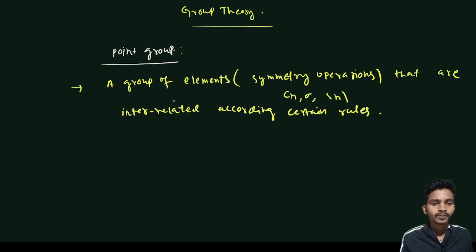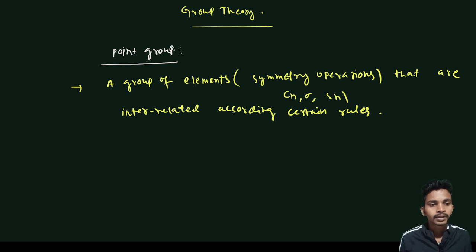So if a group of symmetry operations are interrelated by certain rules and follow those rules, then they can be classified into one group.